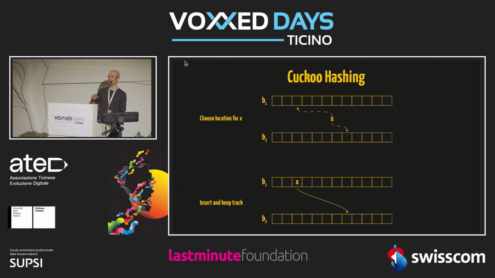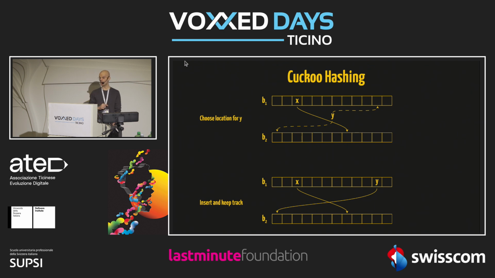These are the two places where I can put the x value. Let's say that we put it in b1, but we keep track of the other possible location where we can put x.